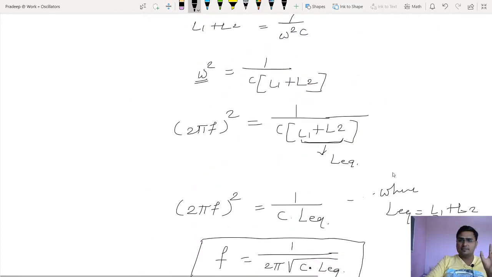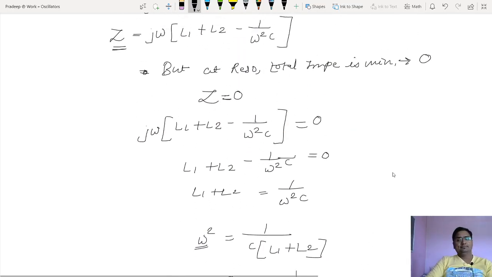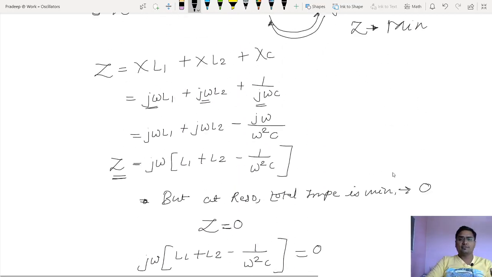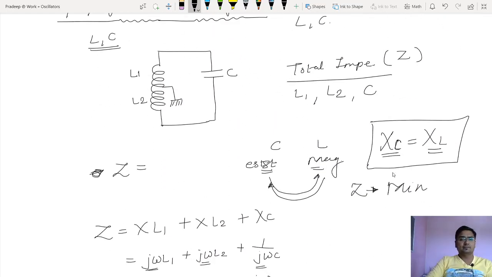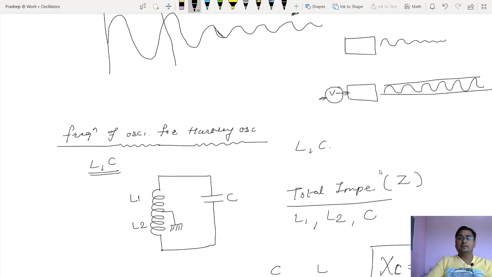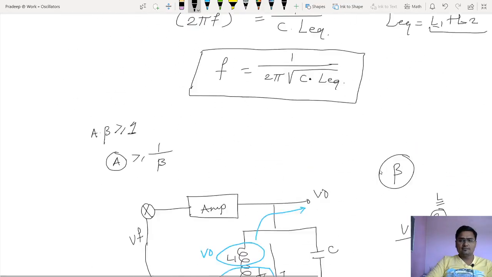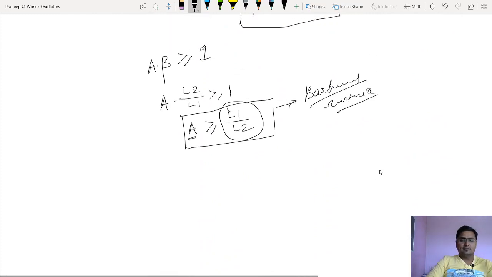We have studied the circuit diagram, its operation, then the frequency of oscillations, and finally we are concluding with the criterion that the gain of an amplifier should be greater than the ratio of the two inductors. So what remains after that?